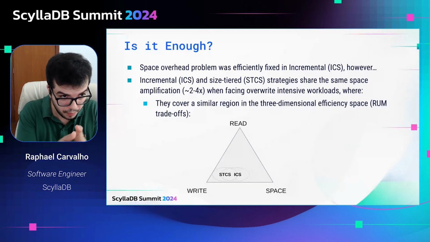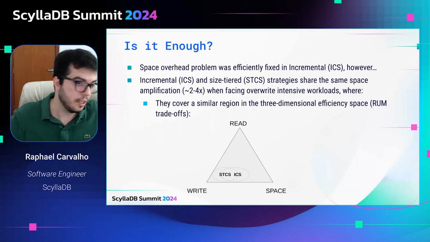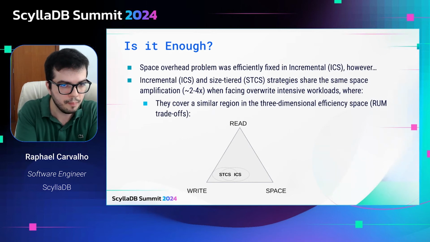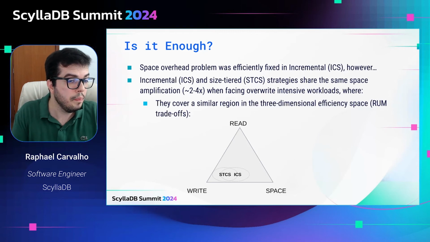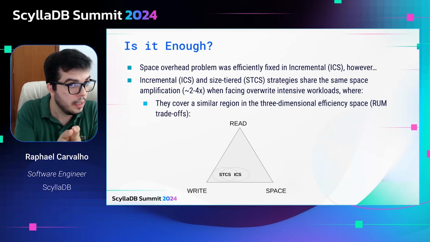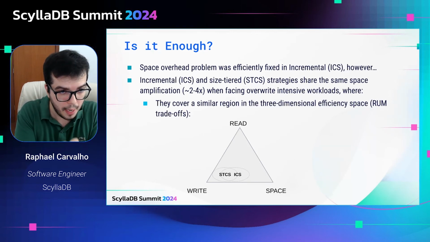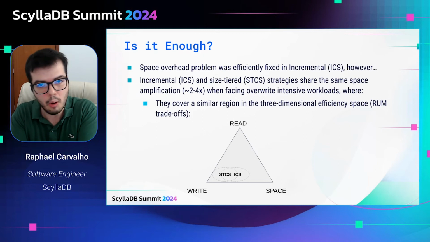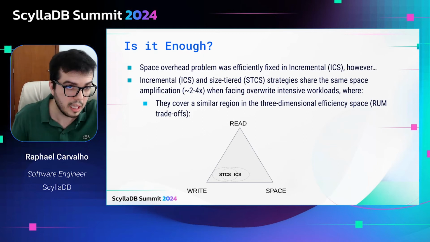And you can ask yourself, is it enough? And it is not. We also wanted to go on and fix the overwrite problem, and essentially we want the ICS compaction strategy to suit not only the ScyllaDB users but also users that were using leveled compaction.